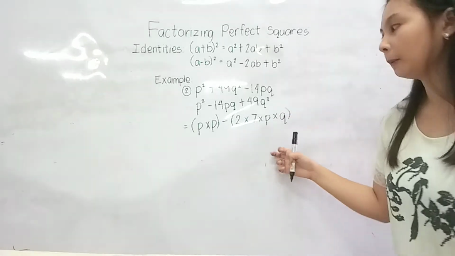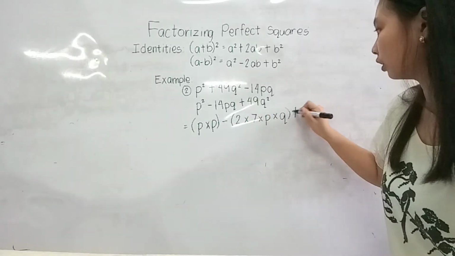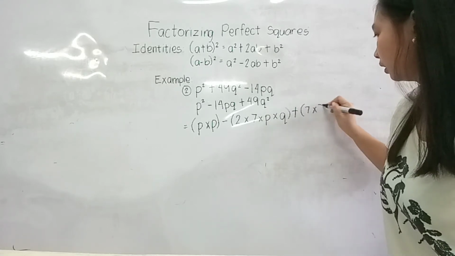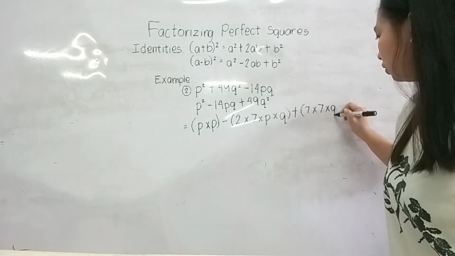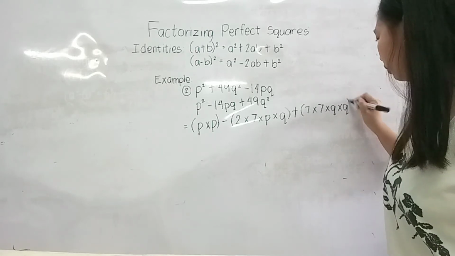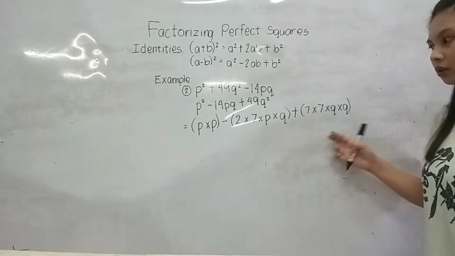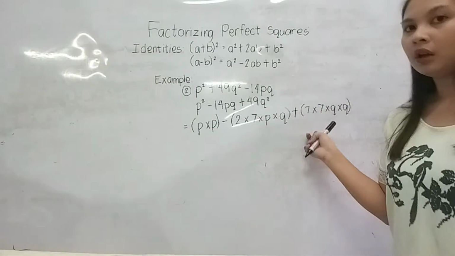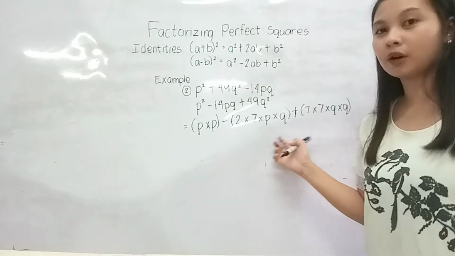And then, para sa ating last term, we have 49q squared. We'll have 7 times 7 times q times q. Actually, hindi mo naman na kailangan ng ganito, para lang mas malinaw sa inyo kung saan nanggagaling yung ating mga factors.